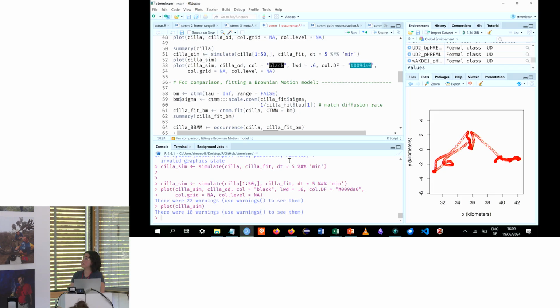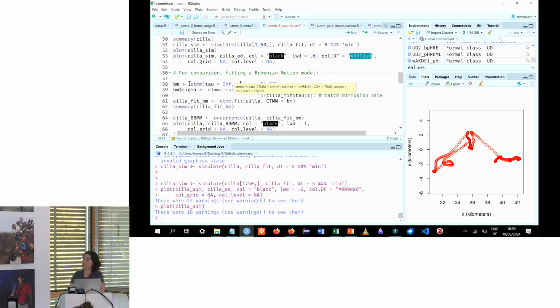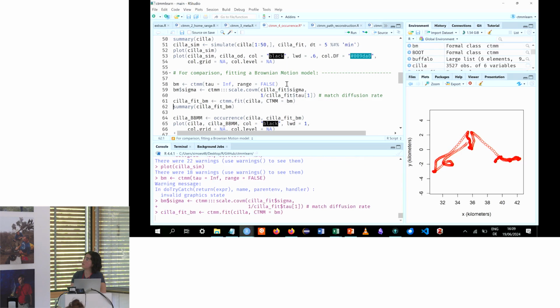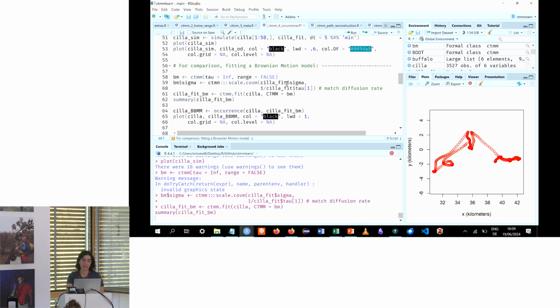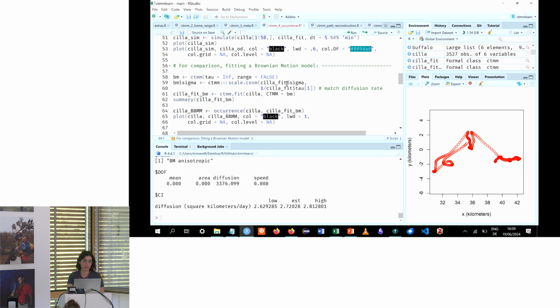It's not necessarily correct because the movement may not fit Brownian motion, but this is just an example so you can see how it would look. Remember, Brownian motion has infinite diffusion: it just keeps diffusing and is not bounded. We're creating a movement model that does that and essentially forcing the data to conform to it.